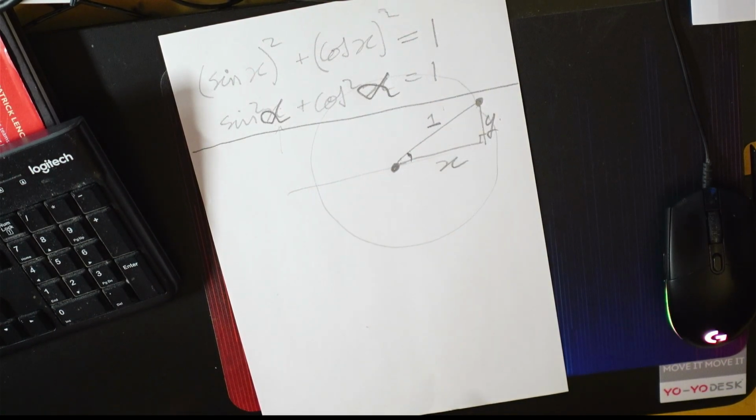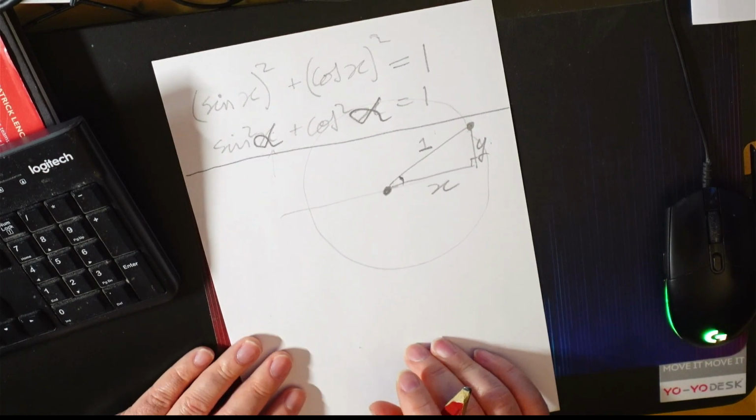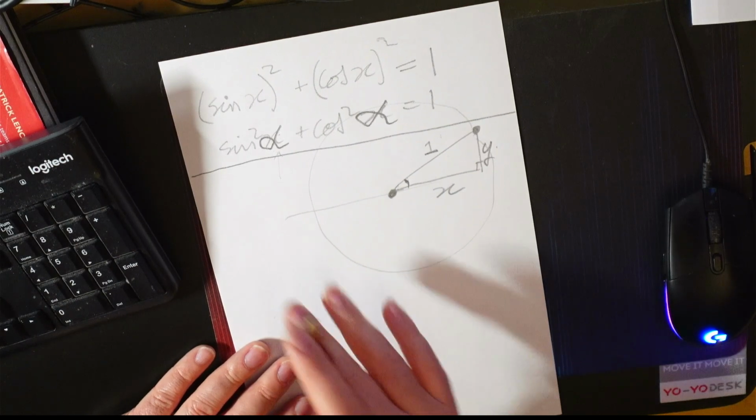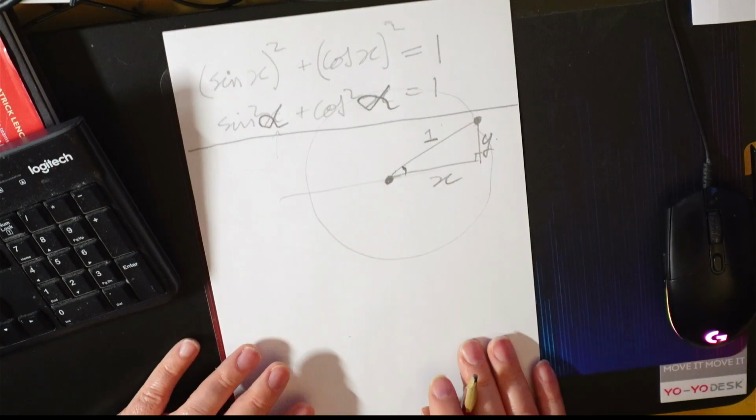Nobody discovered the sine function. Nobody discovered the cosine function. Not really. They discovered something else, and then they created a sine and cosine function as a way of describing something about that thing. But they could have been called anything. So what are these sine and cosines?